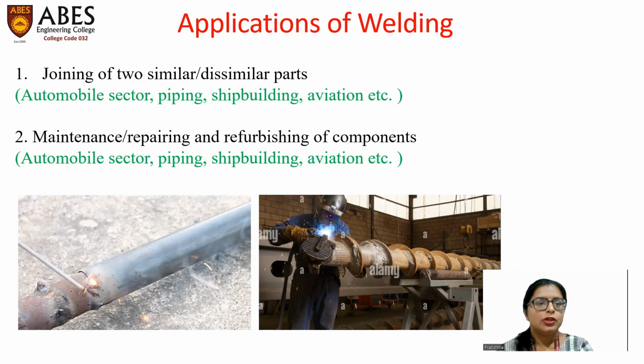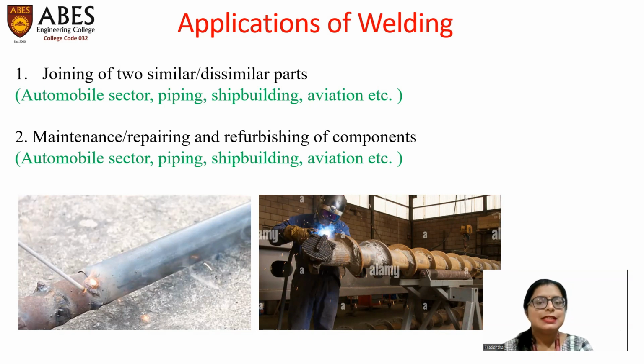To assemble an engine, we need to join all these parts together, obviously with the help of welding processes. Joining applications are found in a variety of industries like automobile, piping, shipbuilding, aviation, everywhere.